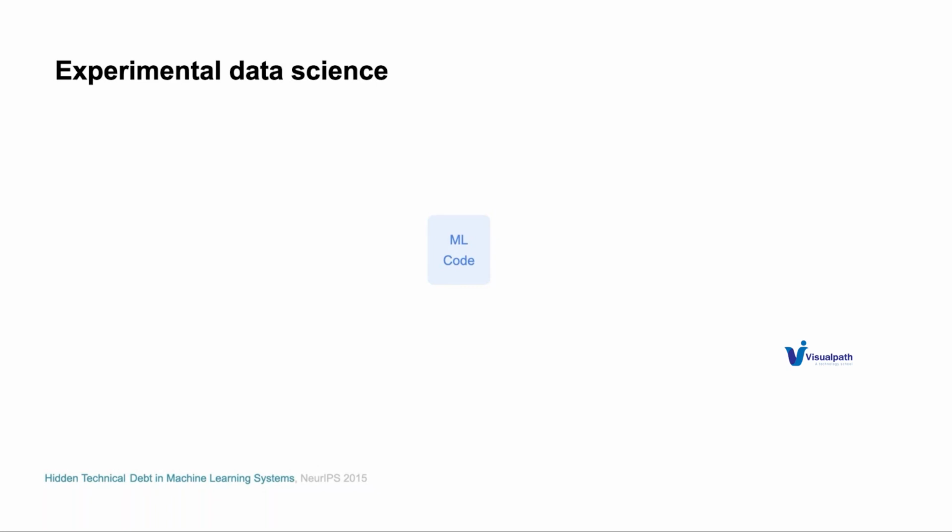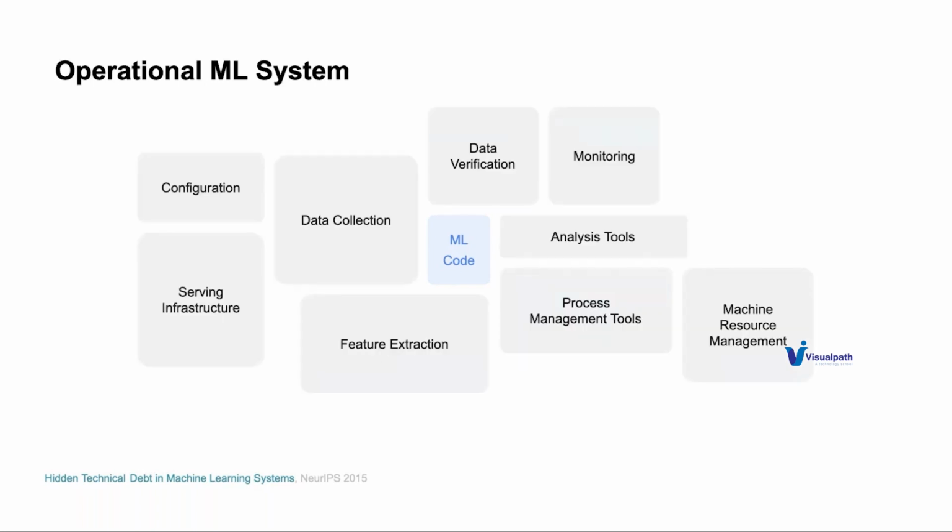We feel that, okay, I have written my code, now things should be fine, right? I have written the model building code, the model training code, the data analysis code. Now I have been sorted. But it's not the reality. In reality, the ML code is only a small fraction, about 5 to 10%.